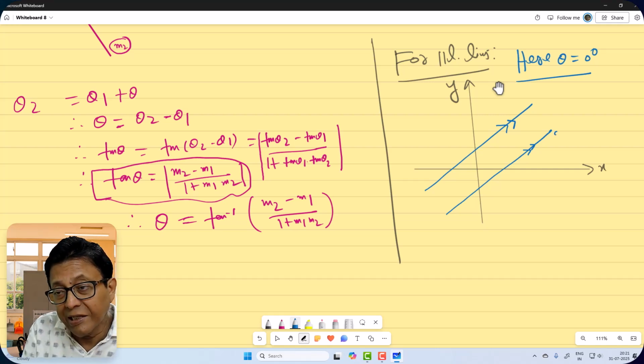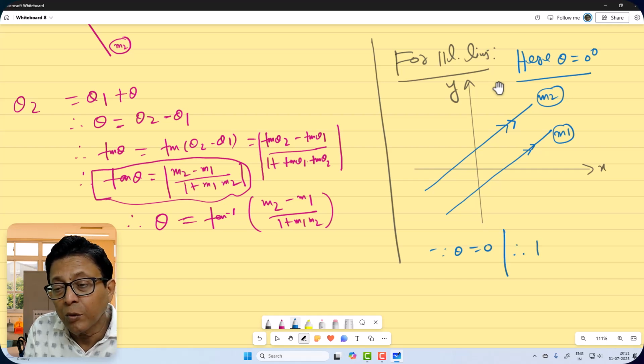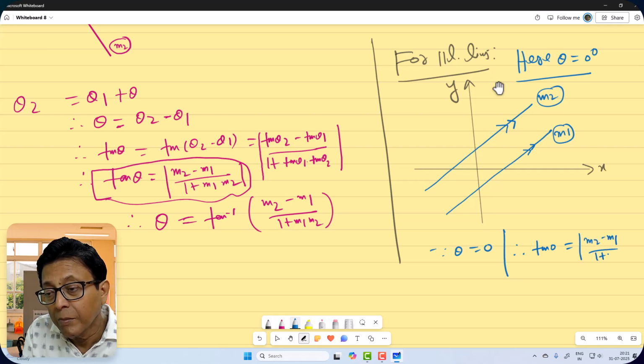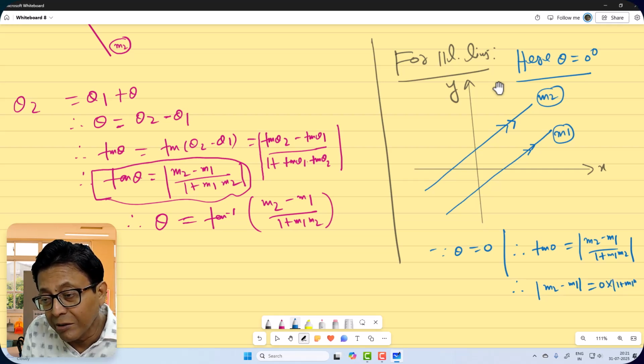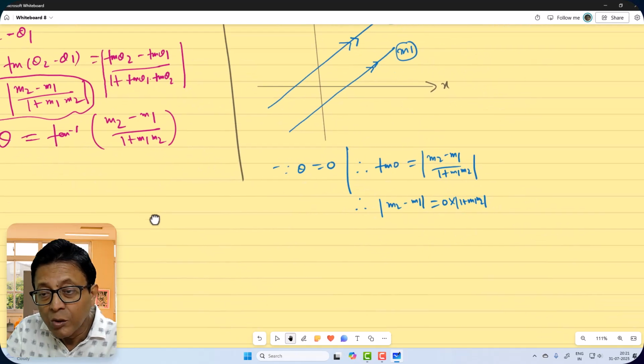So this line has slope m1, this one m2. Since theta equals 0, therefore tan 0 equals mod of m2 minus m1 by 1 plus m1 m2. So mod of m2 minus m1 equals tan 0 into mod of 1 plus m1 m2. Just do the cross multiplication. What have you got?